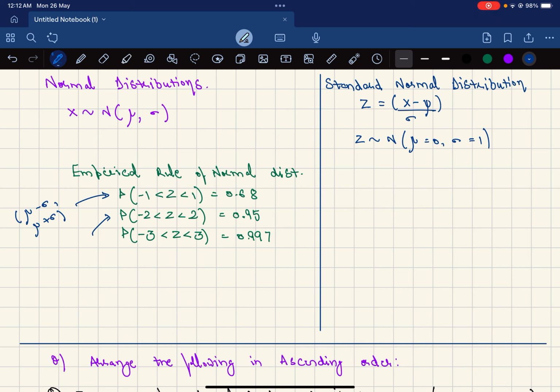Similarly, the probability that it lies within the range mu minus 2 sigma and mu plus 2 sigma is 0.95. And similarly, for 3 standard deviations, it is 0.997.